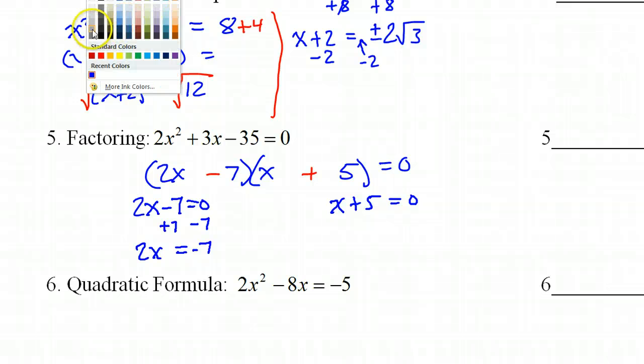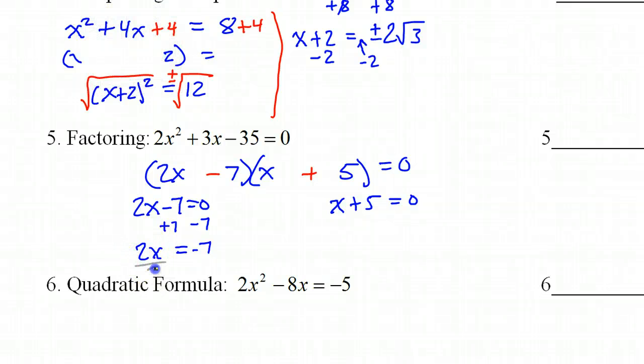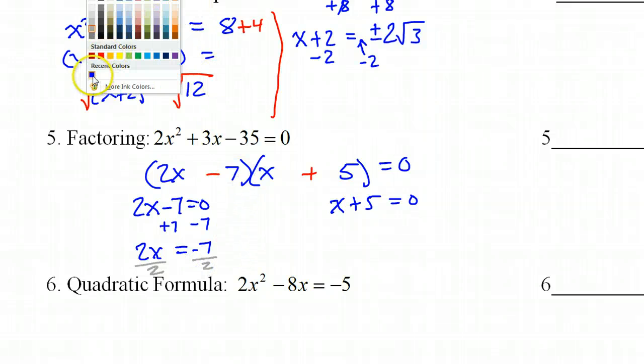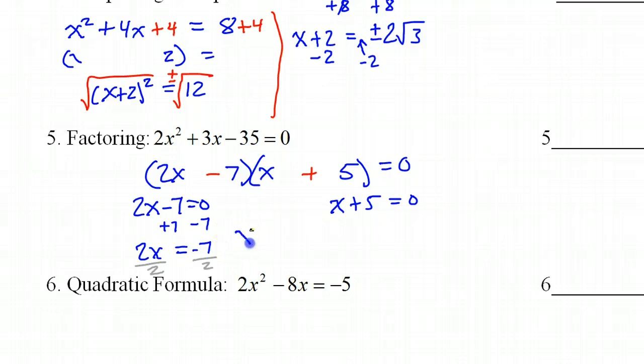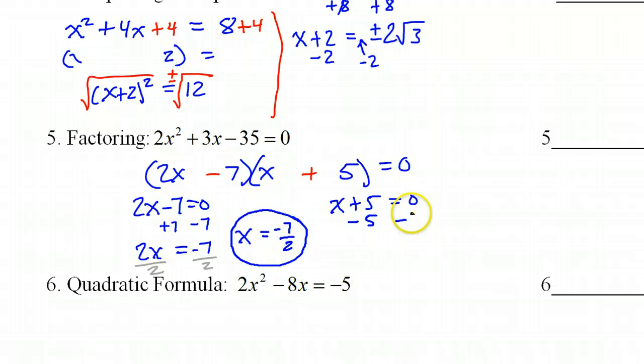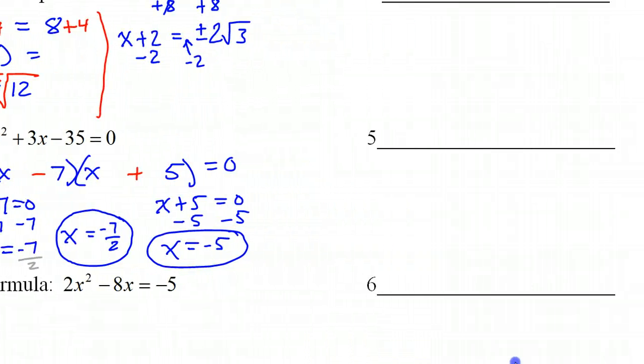If I then divide both sides by 2, then I get x is equal to negative 7 over 2. So that is one answer. Meanwhile, I will subtract 5 from both sides. So that will give me x equals negative 5. So these are the two solutions. So negative 7 over 2 or negative 5.